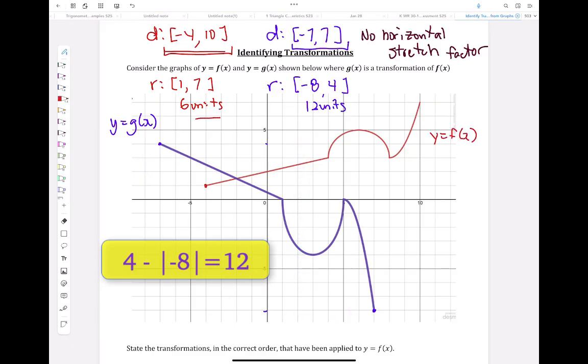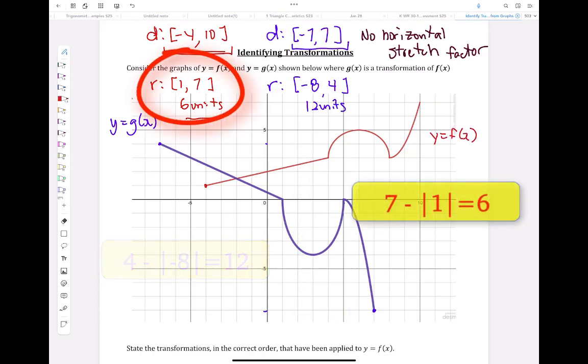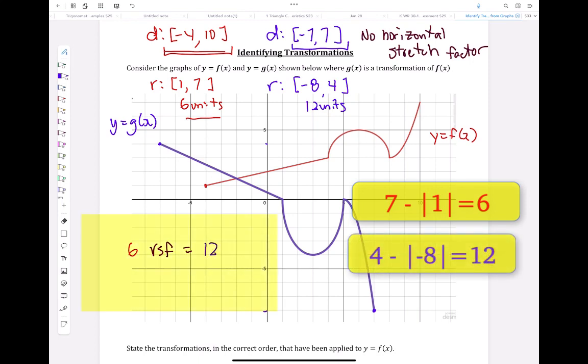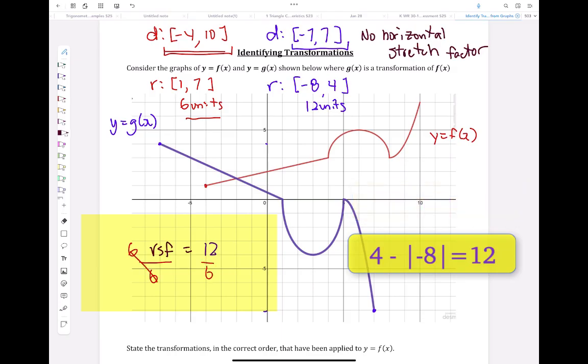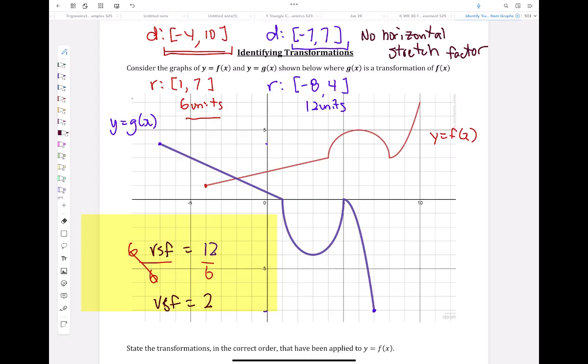Well, I'll take what I start with, 6 units, and I'll work down here in the bottom left. So if I had 6 units and then I have a vertical stretch factor, when I was done, that would give me 12 units. We know that good math is we'll divide both sides by 6, we'll cancel that, and we're left to see that, hey, it looks like we have got a vertical stretch factor of 2.